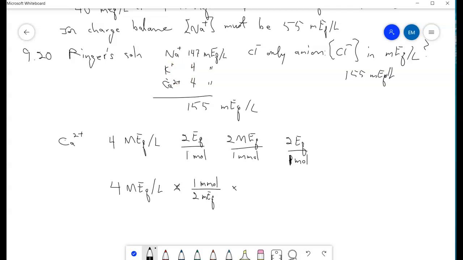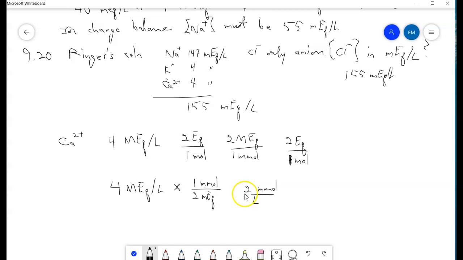Now, if you want to go to moles, well, actually, I'm trying to work this problem here, so let me stop what I'm doing. Okay, 4 milliequivalents. So in other words, 2 millimoles per liter. If you want the total concentration of moles of cations, it'd be no problem doing it with milliequivalents per liter for sodium and potassium and chloride because they're all single positive.